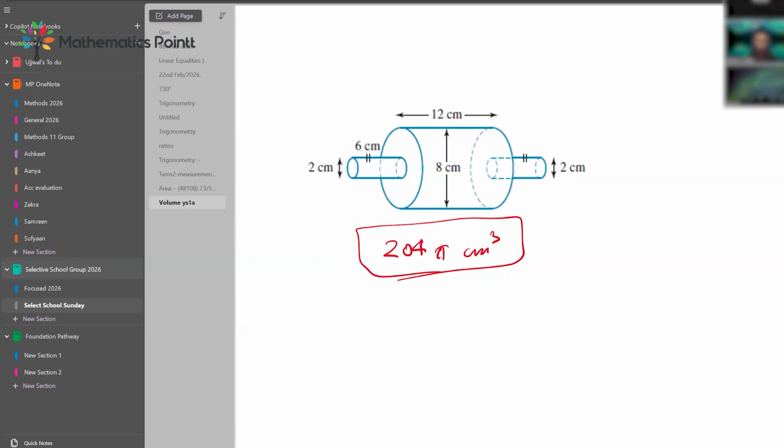Let's quickly check this. Anyone who hasn't got this, type a no. I want to see how many haven't got 204 pi. Okay. Have the courage to say no, that I don't have it, right? It's okay.